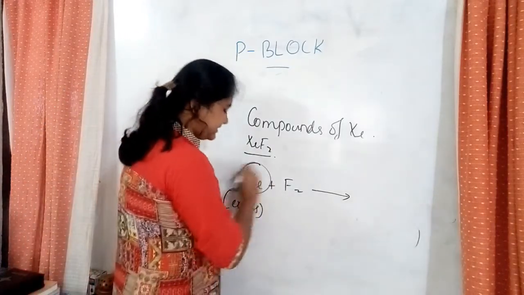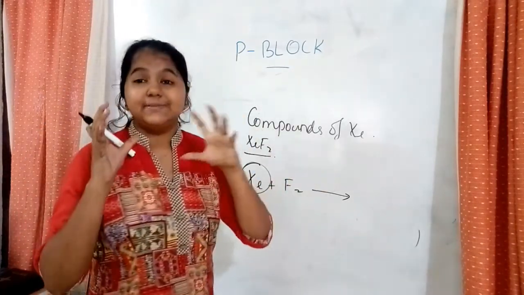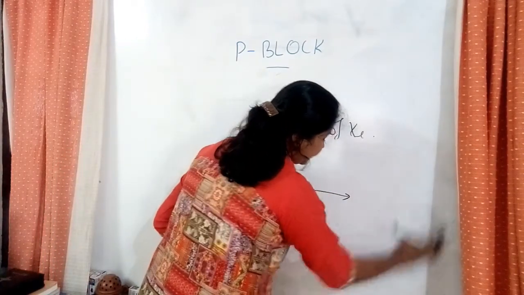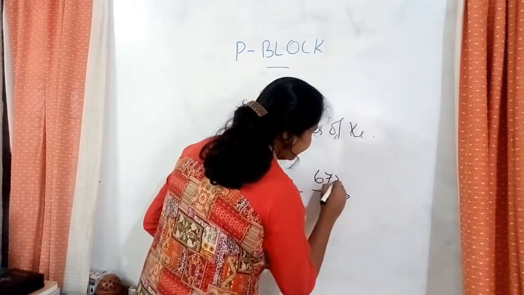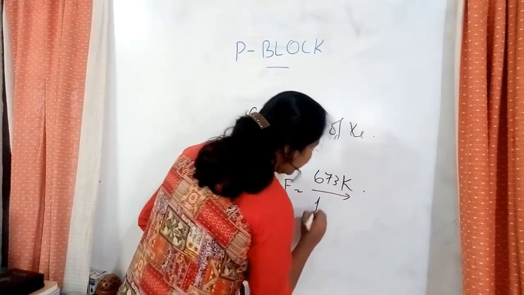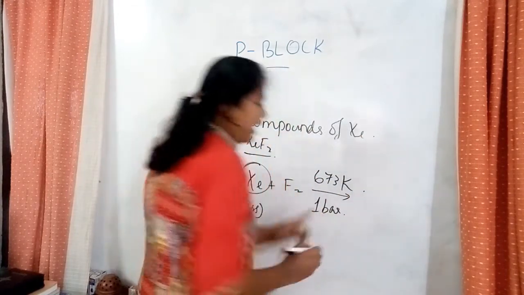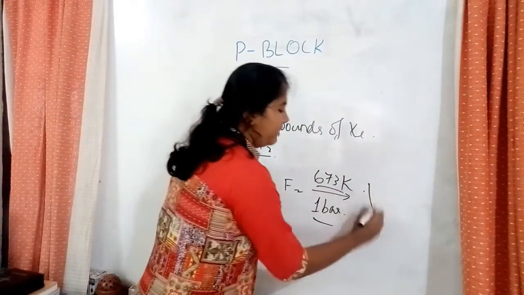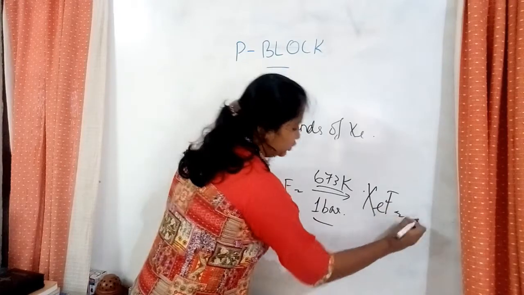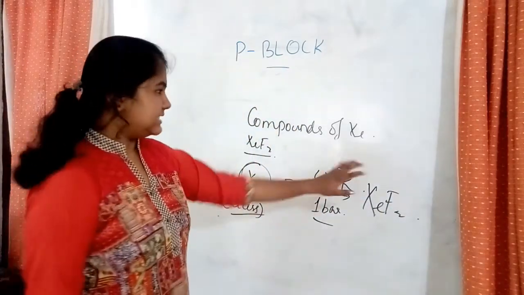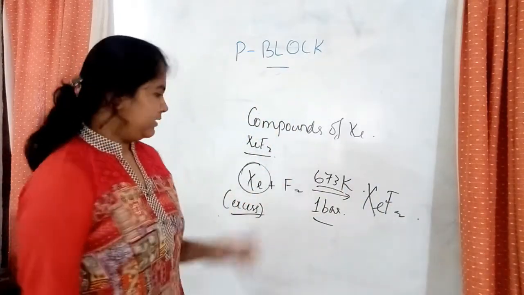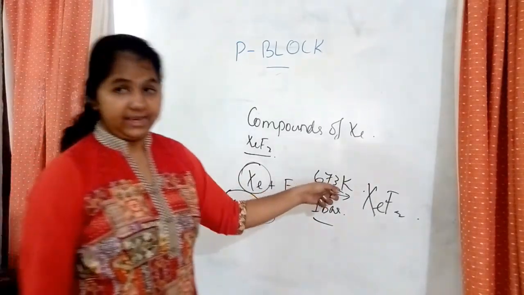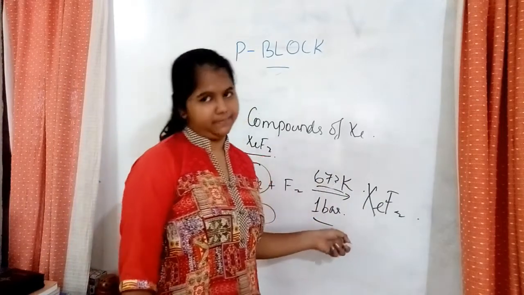The condition is a temperature and pressure condition, that is 673 Kelvin and 1 bar pressure. If these conditions are applied, this will form XeF2. Xe should be in excess, at 673 Kelvin and 1 bar pressure.